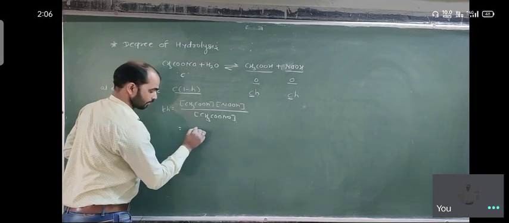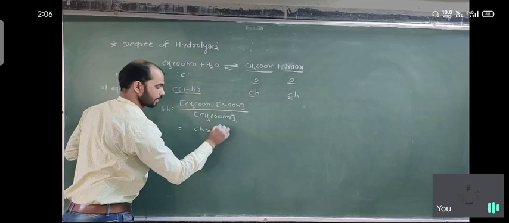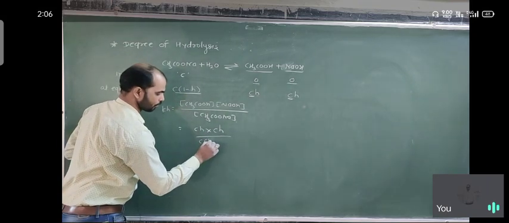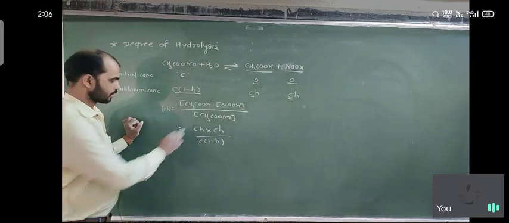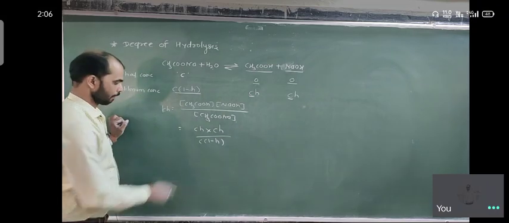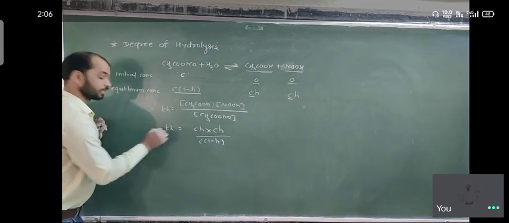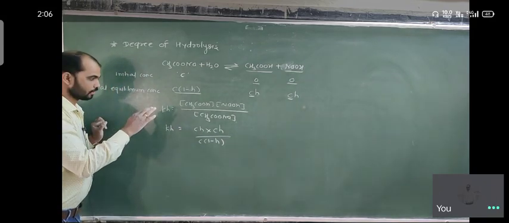It is Ch. The concentration of base is again Ch, upon the concentration of salt, C into 1 minus h. As with alpha, C alpha into C alpha upon 1 minus alpha, there is the Ka and Kb dissociation constant we already discussed.